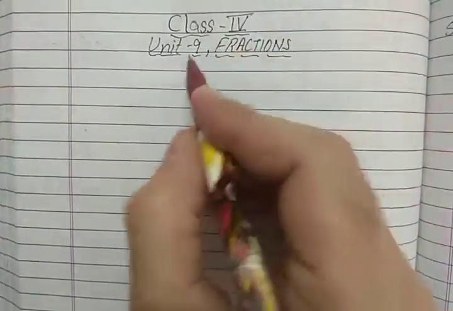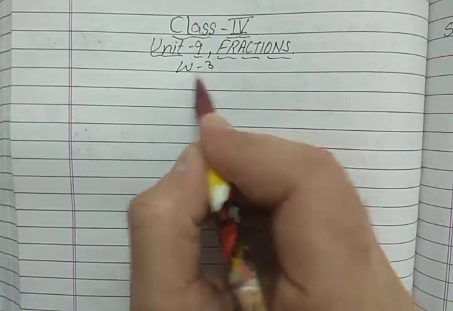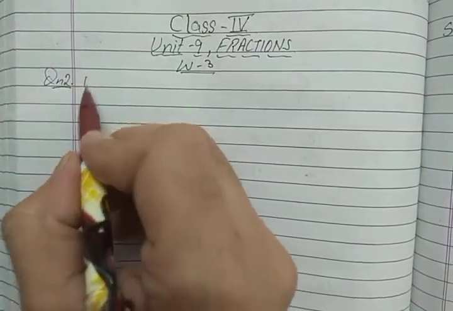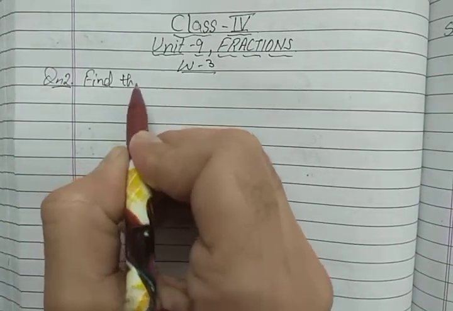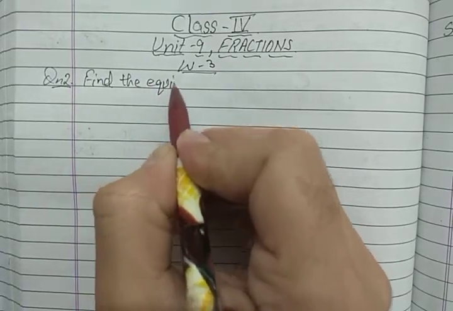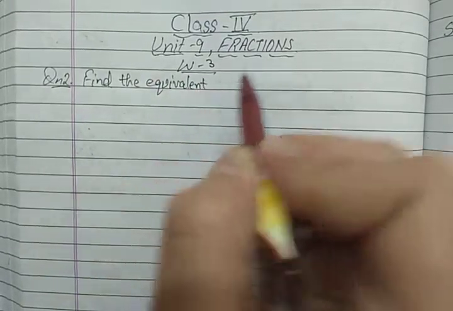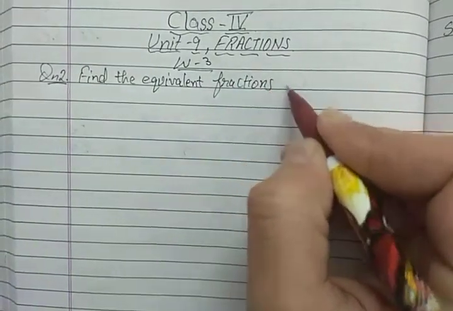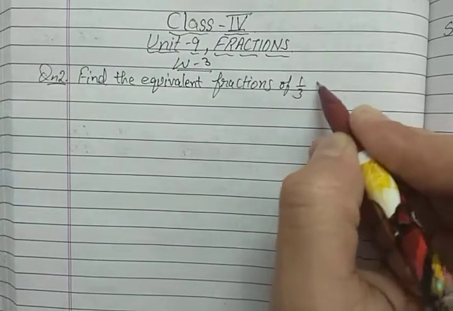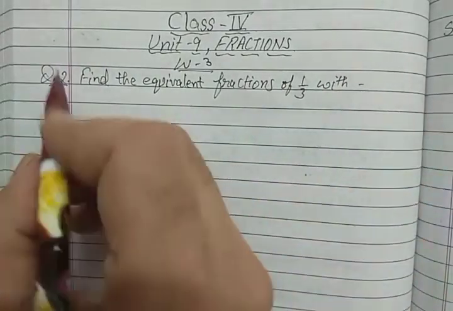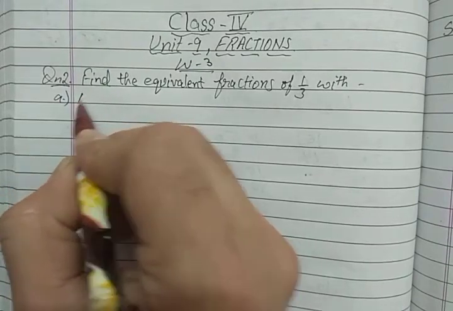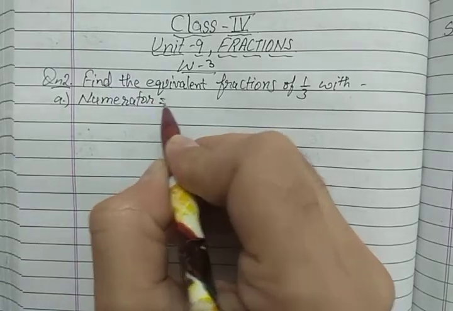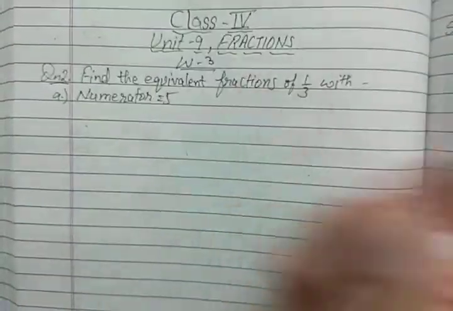So this is worksheet number 3, question number 2. Find the equivalent fractions of 1 upon 3 with part A: numerator is equal to 5, right?